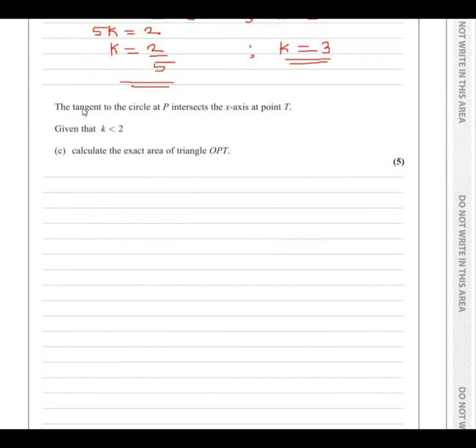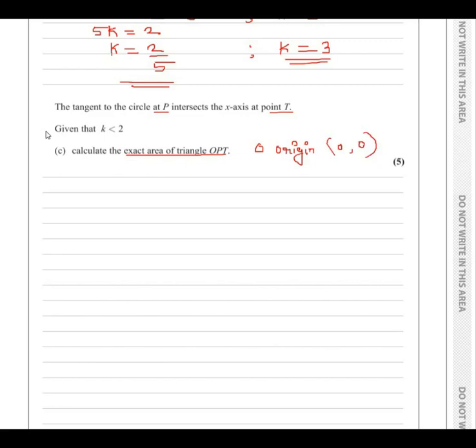The question says the tangent to the circle at P intersects the x-axis at point T. Given that k is less than 2, calculate the exact area of triangle OPT. That means they want us to draw a triangle OPT using the point P, point T and O. O is the origin here, the coordinates are 0, 0.